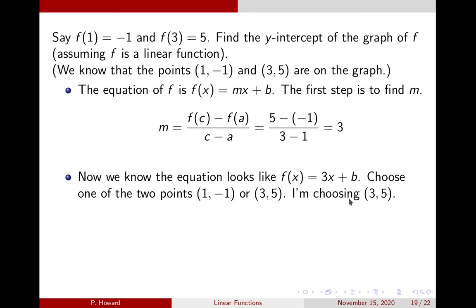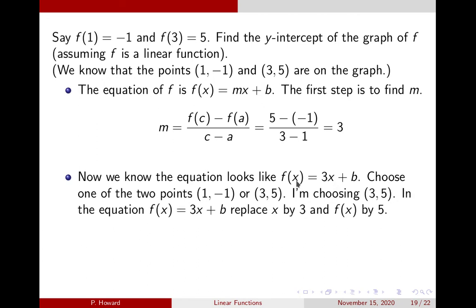So we know that f of 3 is equal to 5. So I'm going to plug those numbers into this equation. When x is 3, f of x is 5. So in this equation, f of x is 3x plus b. We're replacing x by 3 and f of x by 5.